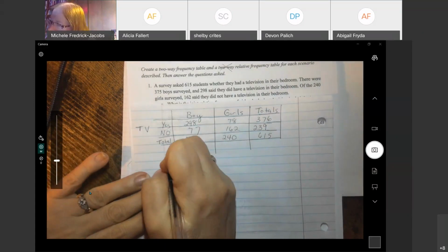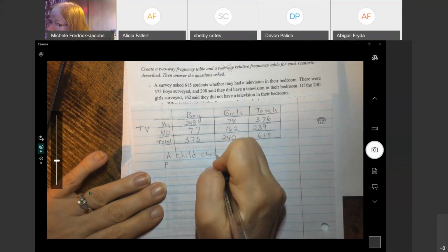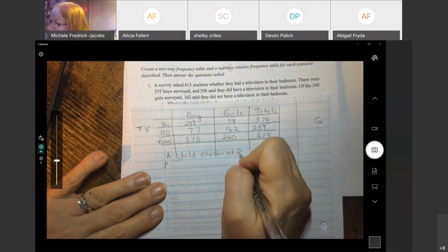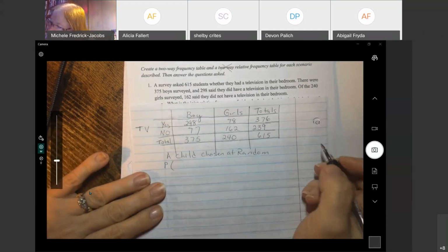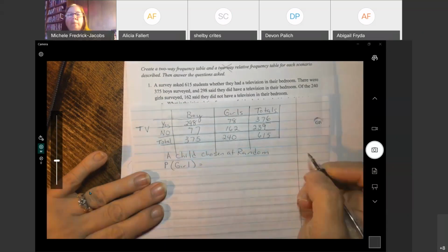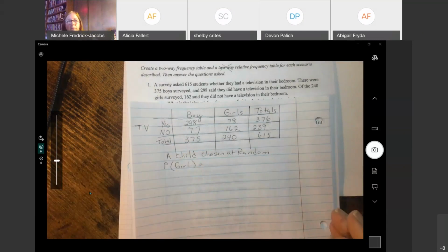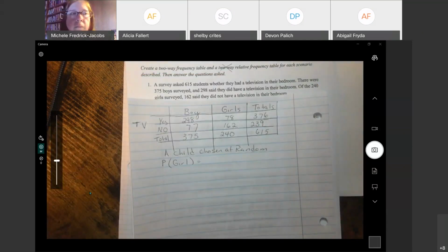So a child is chosen at random. Probability it's a girl. We'll write it as a fraction.